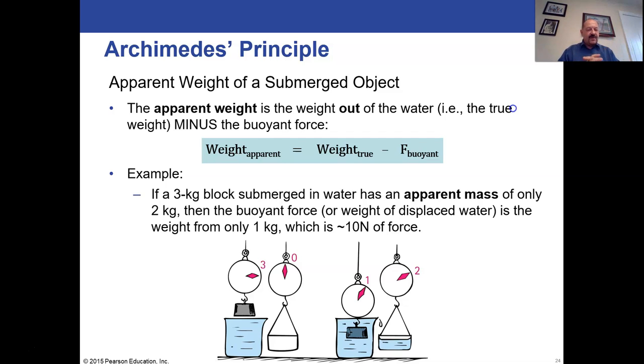And we can actually measure that, because if we took this exact same weight and put it in a container that's filled to the brim with water, and we dropped it in there, the water that would be spilled out would be that 10 newtons of displaced weight of water. So you can actually measure how much water is literally physically displaced into the other container, and that would be your difference.